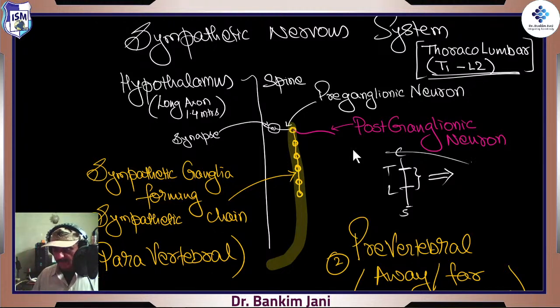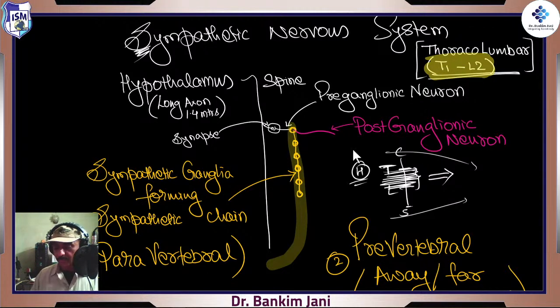It means the rest of these are parasympathetic. So the thoracolumbar region is for the sympathetic. Remember, thorax is where the heart is, and it is the heart which gives stress. So that is the sympathetic nervous system, thoracolumbar. Remember this: T1 to L2. Do remember this T1 to L2.